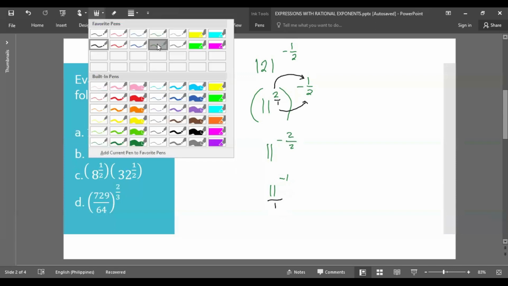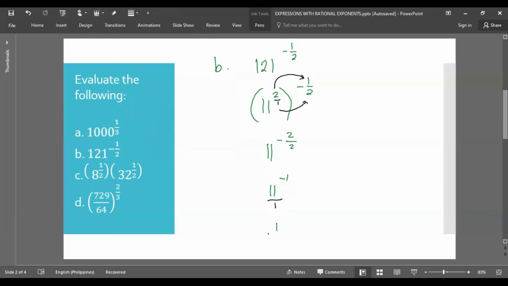So its reciprocal is 1/11 raised to, it will now become +1. But if the exponent is 1, there's no need for us to write it in the expression. Therefore, 121 raised to -1/2 is equal to 1/11. So that's it for letter B.